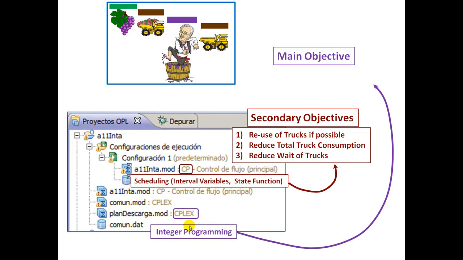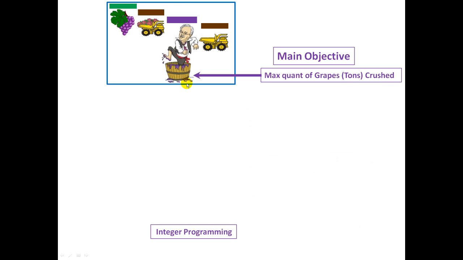So you start with the integer programming model with Cplex, and then you fulfill the main objective, which is to maximize the quantity of grapes, measured in tons, that are crushed in the winery.